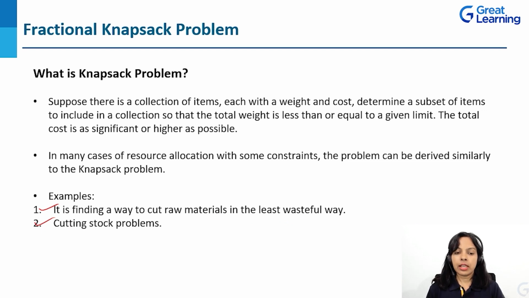So I'll tell you what this cutting stock problem is. Suppose in any industry, when the raw material comes, we have to cut that raw material into pieces. For example, cloth has to be cut into pieces, or any kind of sheet, any metal sheet. A person comes to buy a metal sheet, and it has to be cut into pieces.